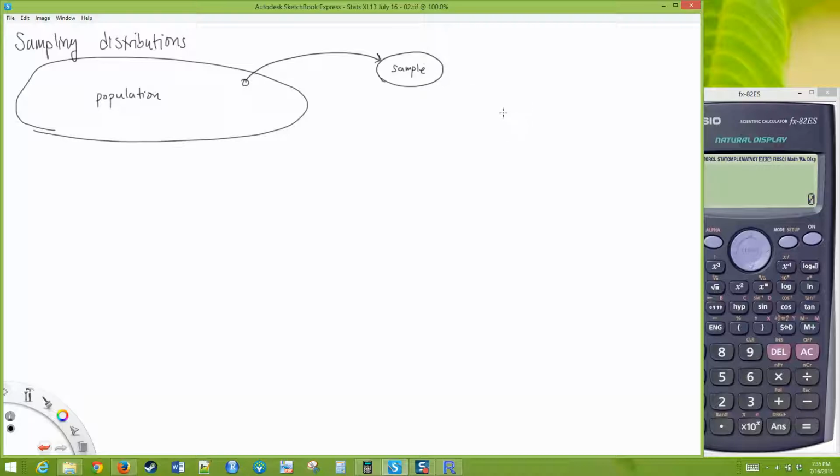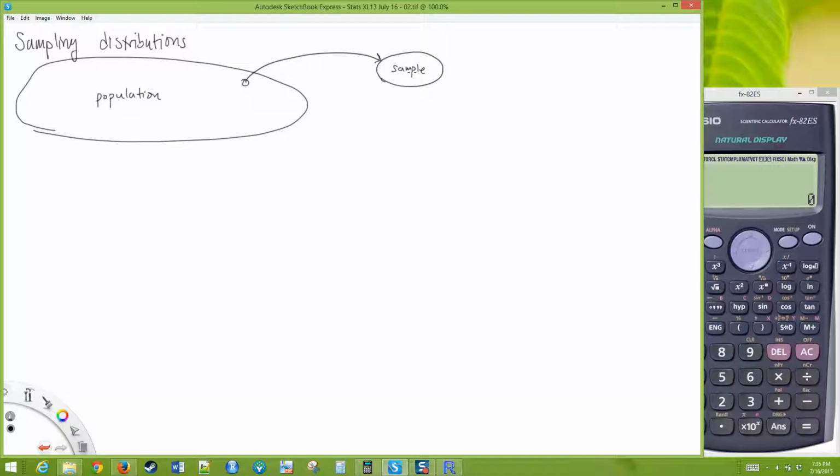And we study the sample to then infer about the population. Well, every time I draw a different sample, the sample that I observe will be a little bit different from the other samples. And so we want to get an idea of how much the samples will vary from sample to sample.